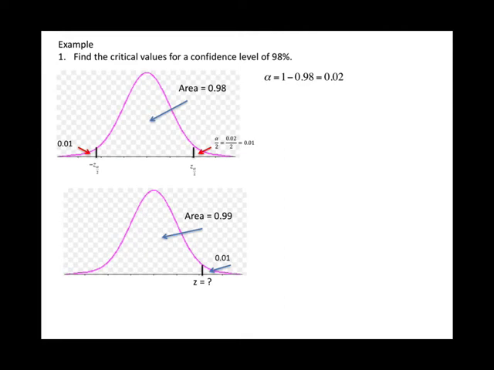Are you using normal CDF or using the inverse norm? That will be the inverse norm, right? Inverse norm and the area from the left. Okay, area from the left. So that will be 2.33. So you know the critical value with the confidence level 98% is 2.33.